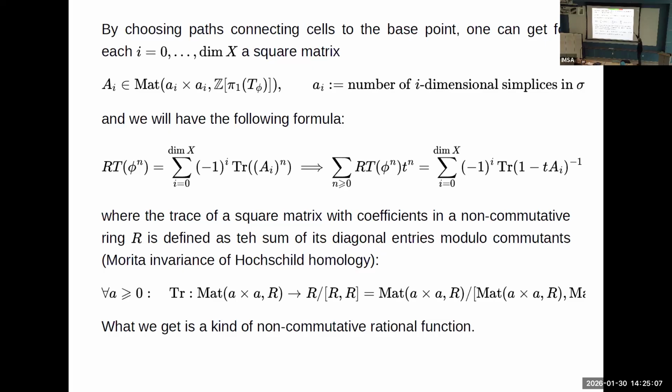Then you consider t as a central variable, commuting with everything. You can write it as a sum of finite series. You get non-commutative rational functions, and we'll work with such functions. I think it's something called the Almgren function series. Yes, so some has been developed in this story.